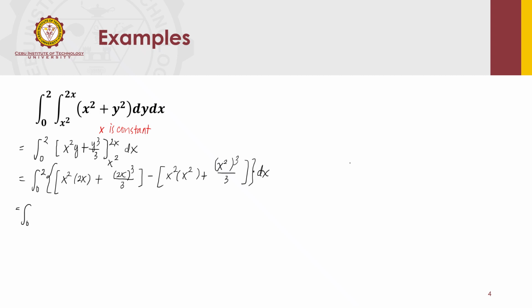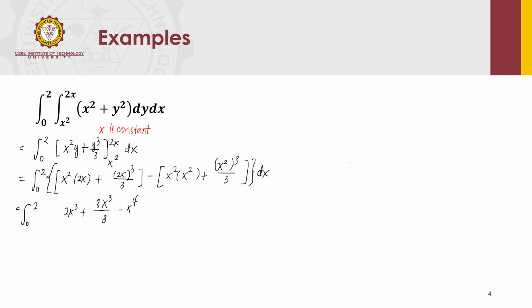So we combine similar terms first. Multiply x squared and 2x, so that's 2x cubed, plus 8x cubed over 3, minus x to the power of 4 for x squared times x squared, and this is x to the power of 6 over 3. Sorry, this is not 27, that should be over 3 only.